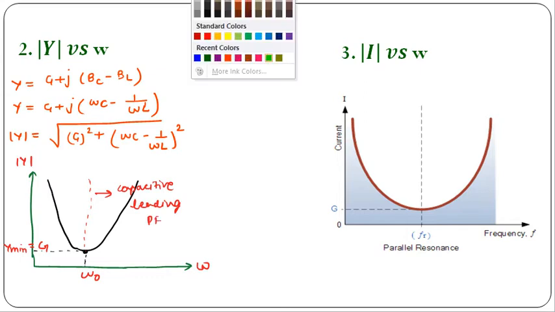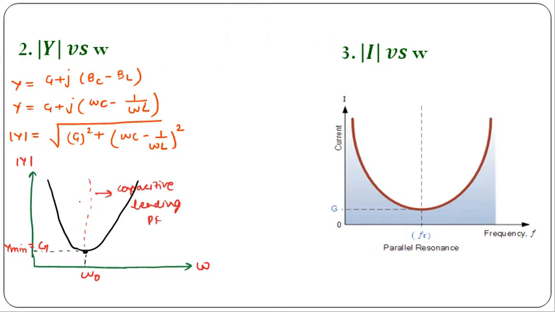And below the resonating frequency the circuit will be inductive in nature and it will have a lagging power factor. Okay, and at the resonating frequency the circuit is purely resistive. Okay, and it will have unity power factor at the resonating frequency. So this is mod Y, that is admittance versus frequency characteristics.